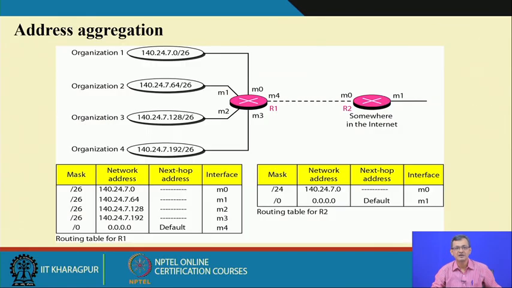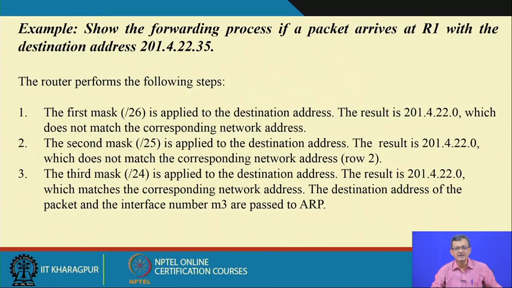So, what we see here is that given a packet and this type of net masking, I can forward the packet to that particular destination interface, and there is an address resolution.